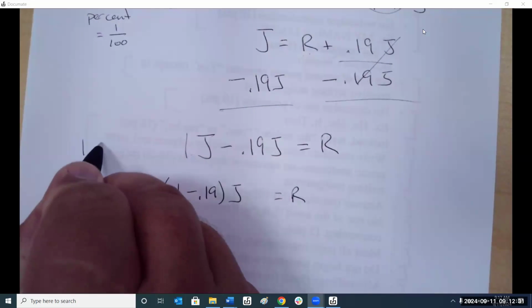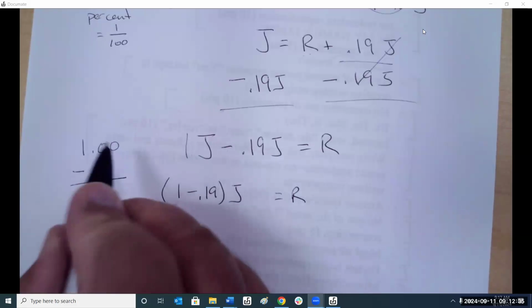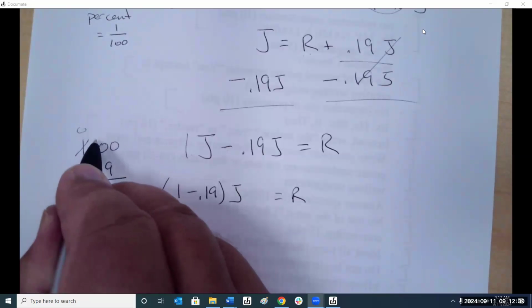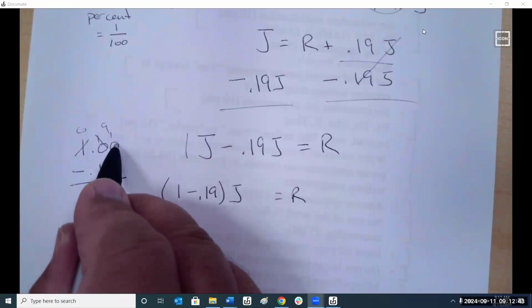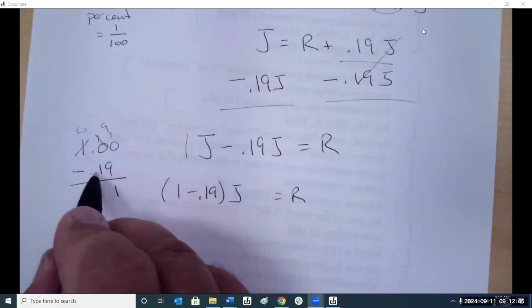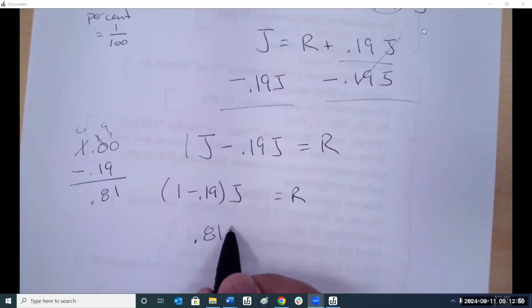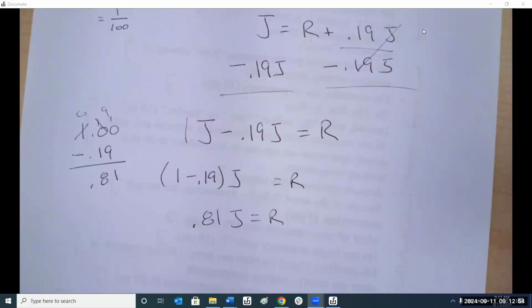So we have 1.00 minus 0.19. You can't do 0 minus 9, so we have to borrow 1. So 10 minus 9 is 1. 9 minus 1 is 8. So it's 0.81J. So that tells how many words the Russian language has.